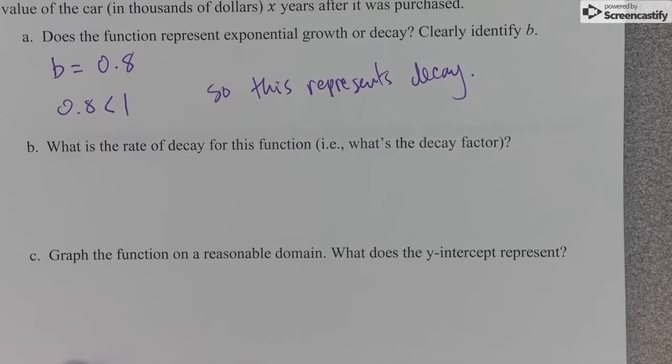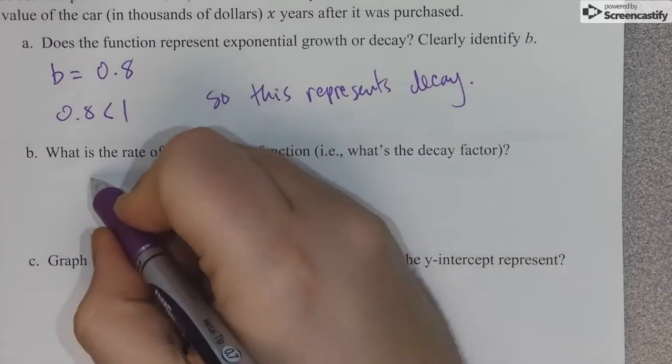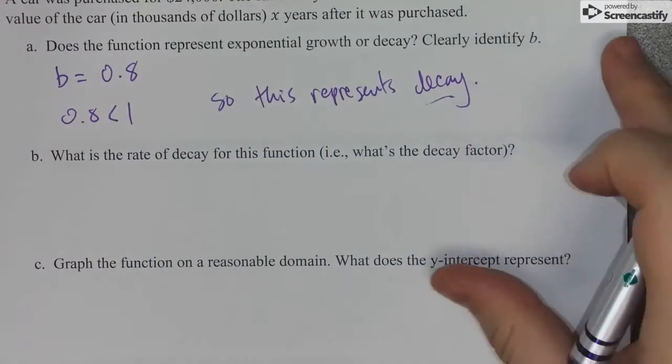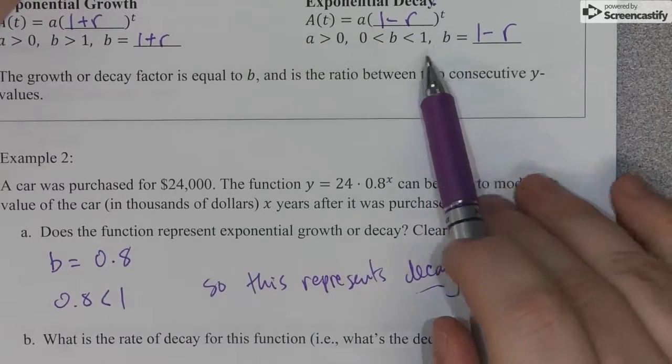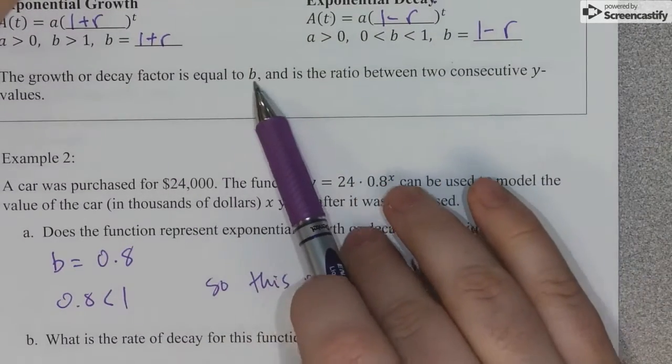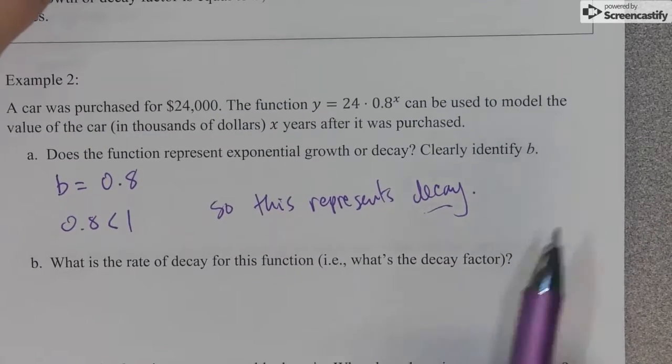What is the rate of decay for this function? Or in other words, what's the decay factor? So since this is decay, we're going to calculate our decay factor, which is equal to b. So our decay factor is our b.